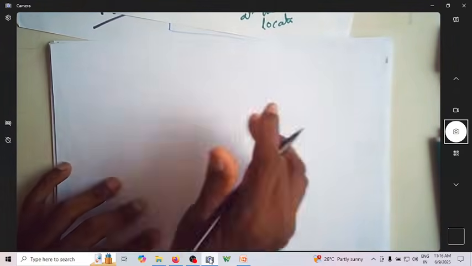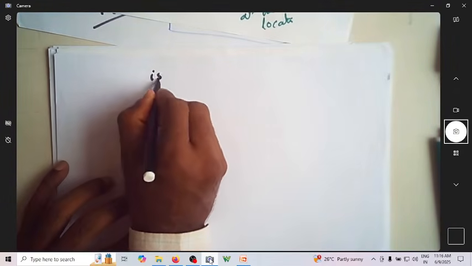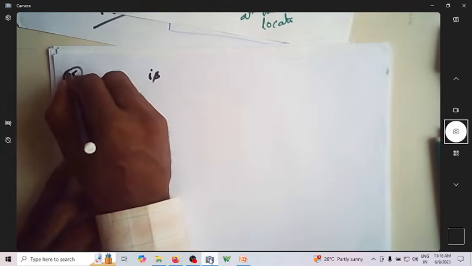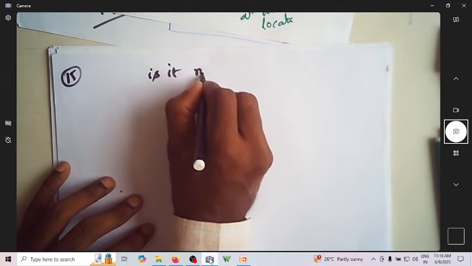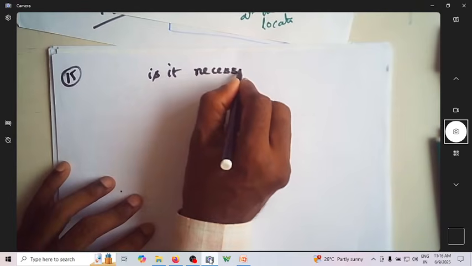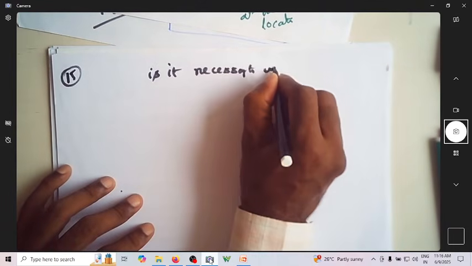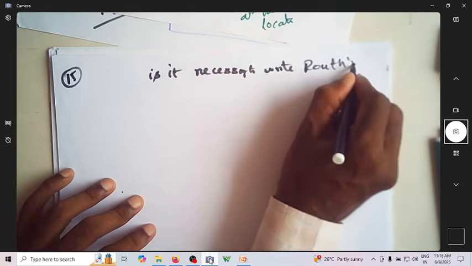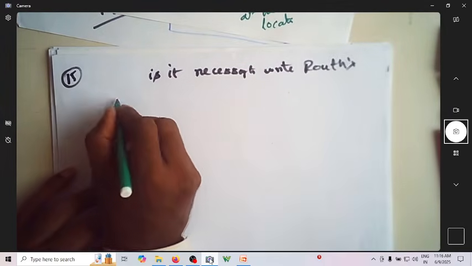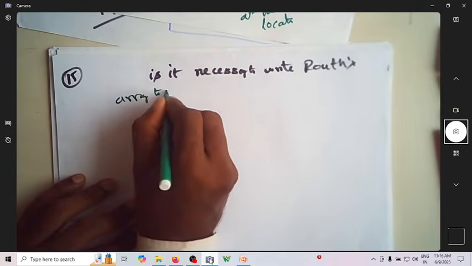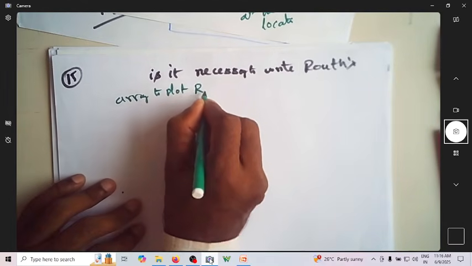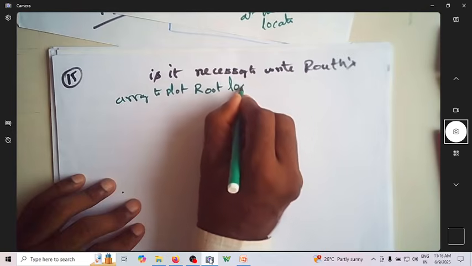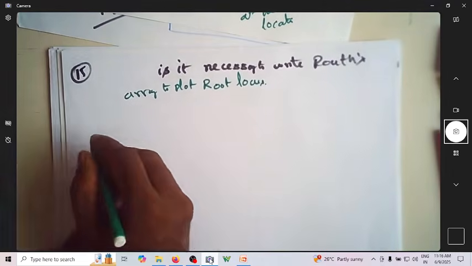Next question, the 15th question: is it necessary to draw the Routh array all the time, to plot the root locus? It's not always true.